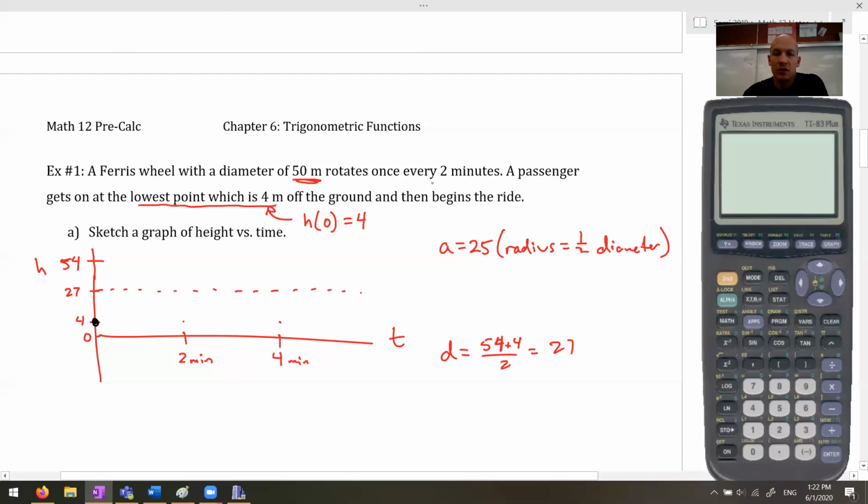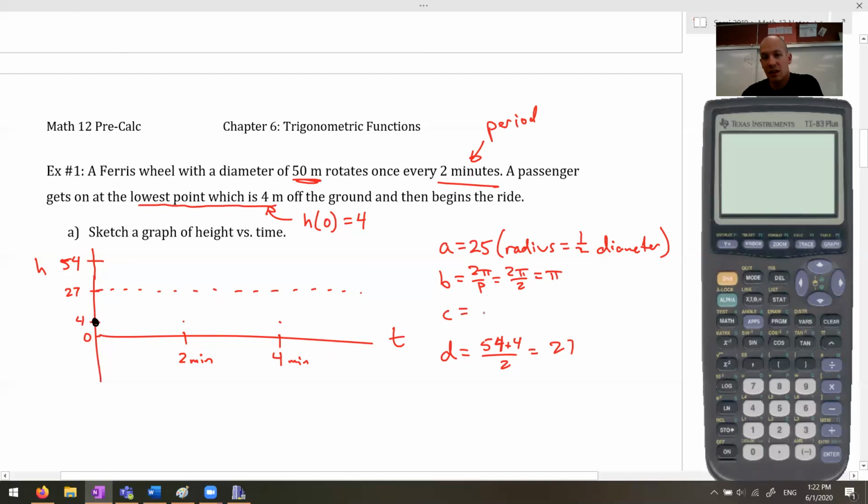When we are told it rotates once every 2 minutes, that is a reference to the period. So remember, B equals 2 pi over period, equals 2 pi over 2 minutes. So pi would be the B. And then C, of course, is the phase shift, and we've got to think about this.